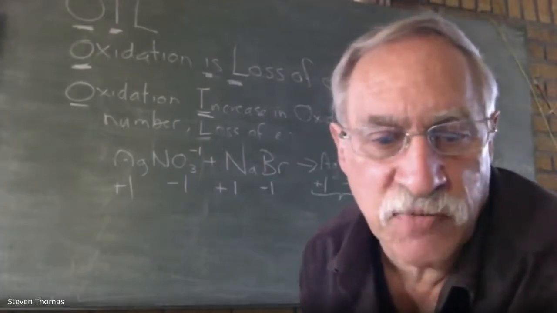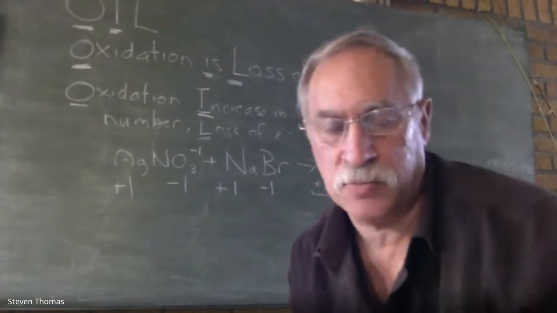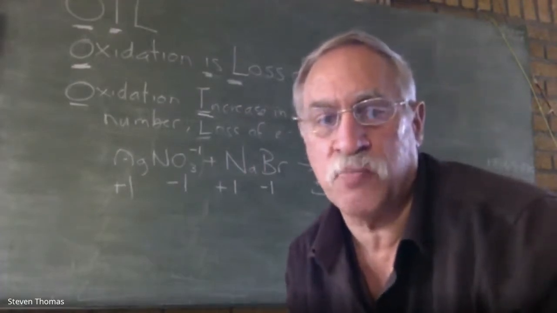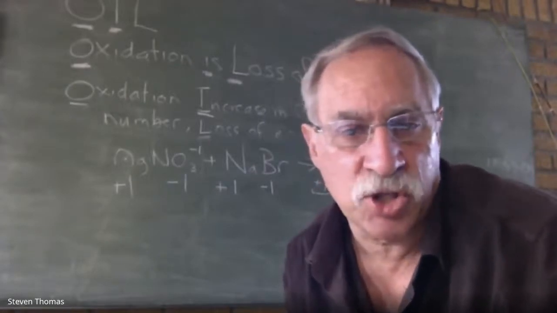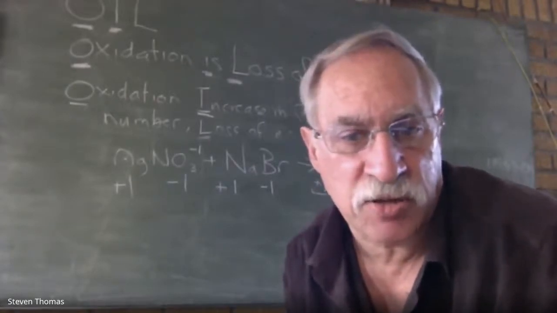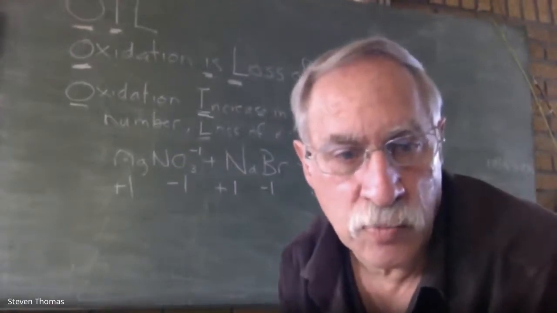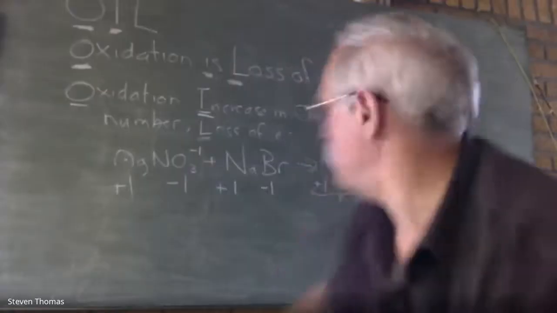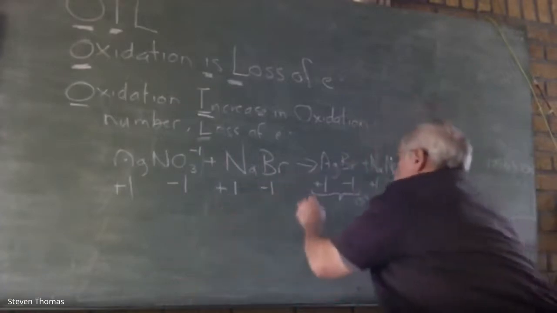You add silver to a solution with halogens and it precipitates out. Have you guys heard of precipitation reactions, where you add two solutions and something precipitates out? Write underneath here that the silver bromide precipitates.